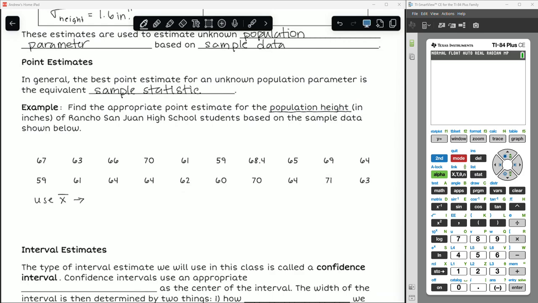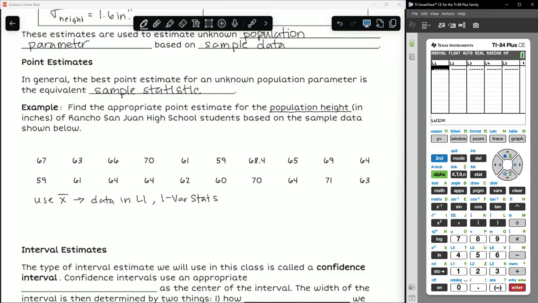And we know to pull the sample mean, we're going to go data into list 1, and then 1 var stats. So a skill from way back in week 1. So we're going to put our data in a list, stat, enter.